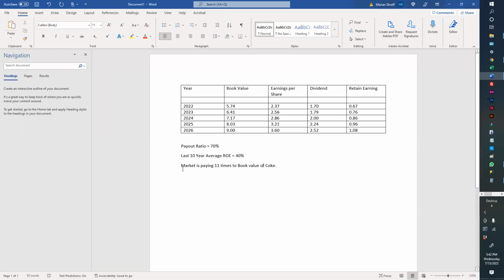Let's say the market is paying right now 11 times book value. What is our new book value? It is $9. Can anyone please tell me what can be the Coca-Cola price in year 2026? Just an estimated price.